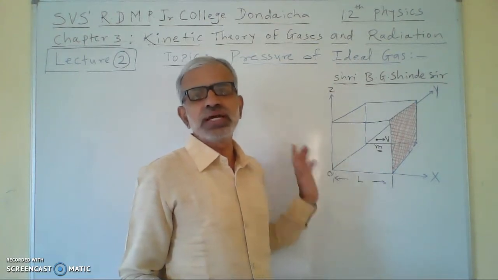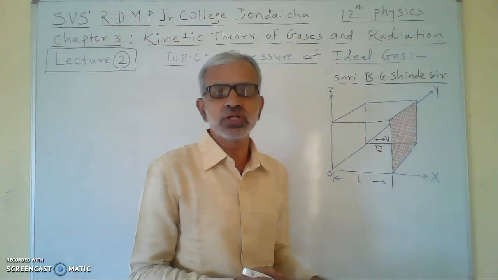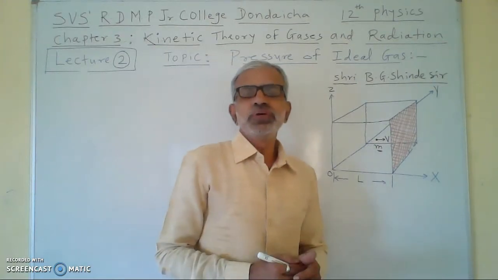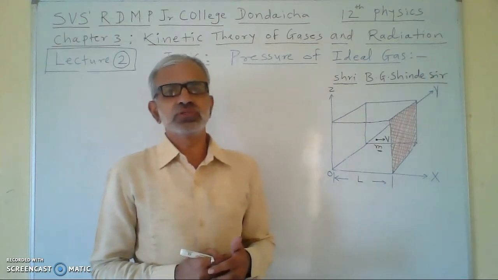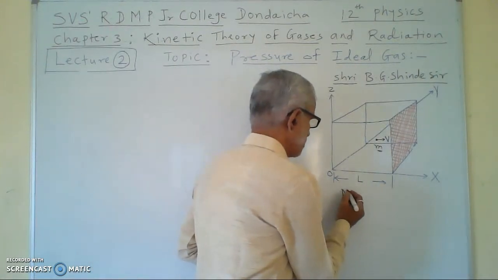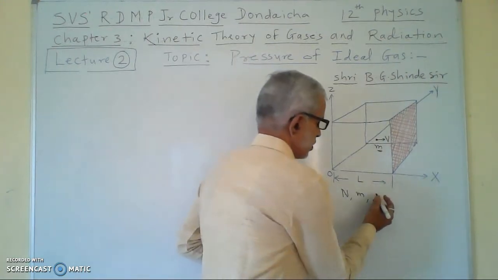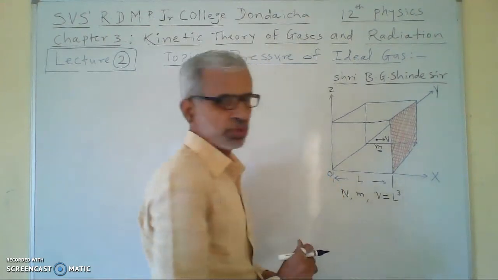So draw x, y and z axes starting from the common point, which is one corner of the cube. Then this cubical box contains the gas, which is ideal gas, which has n number of molecules and mass of each molecule is m, small m, and volume of the gas will be L cube.